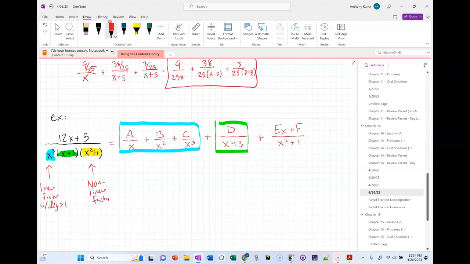If E is non-zero, then it'll be a degree 1 numerator. So my bases are covered here. And you can see real quick why we're not going to actually solve this past this point, because you're going to end up with a 6-variable system and a lot of foiling, which is not going to be a lot of fun. It's just too much work. Does this feel okay with how to get to here? Okay.